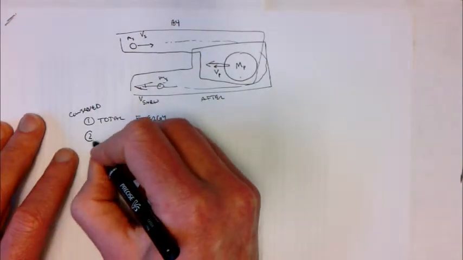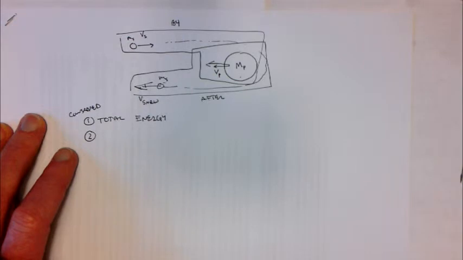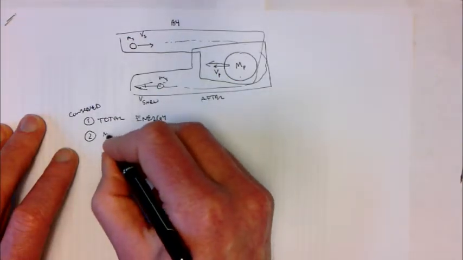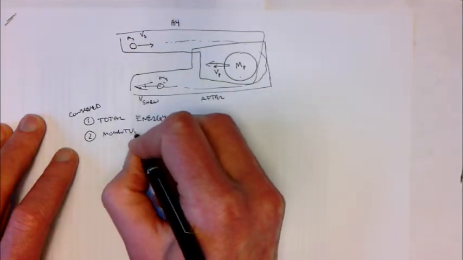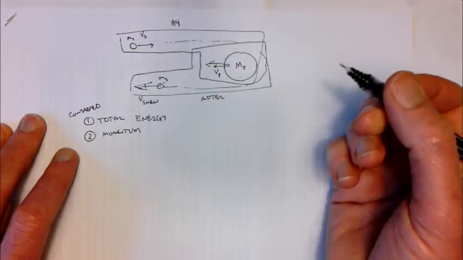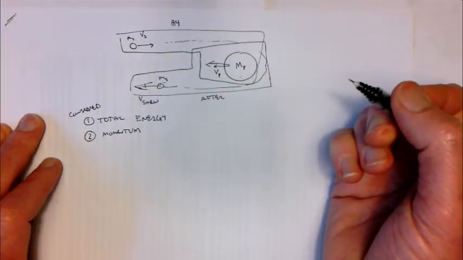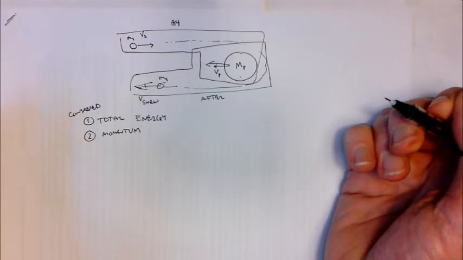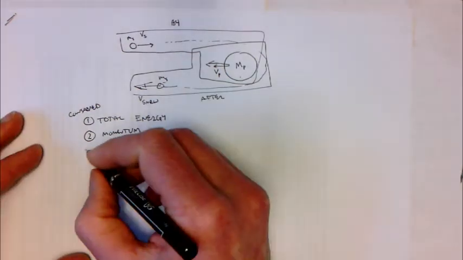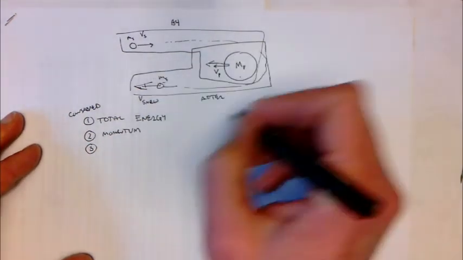A second thing that's conserved here is the momentum of the system. There are no forces crossing the system boundary, so the total momentum of the system must be conserved. I could also say that the angular momentum of the system is conserved as well, since there are no external torques acting on the system.